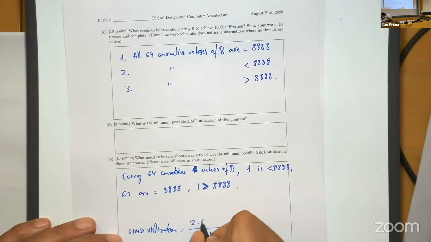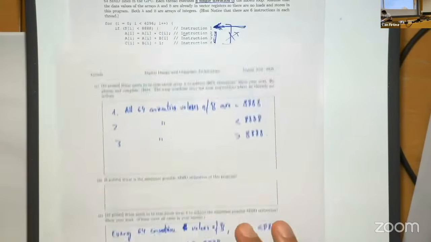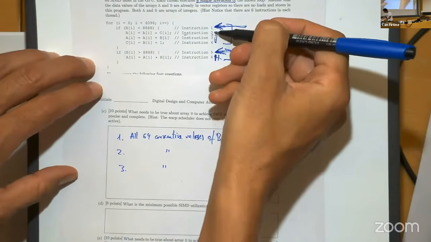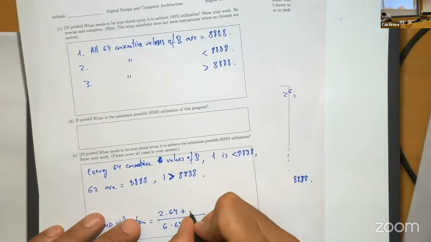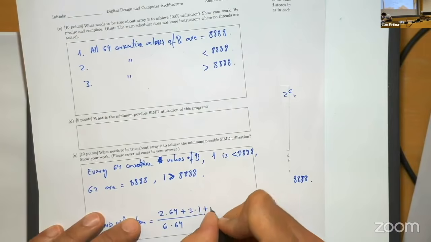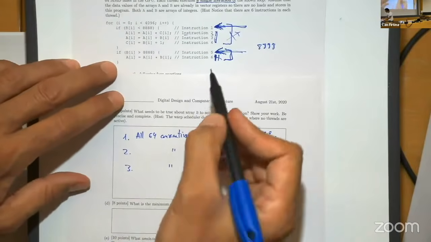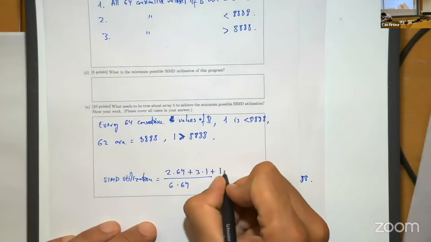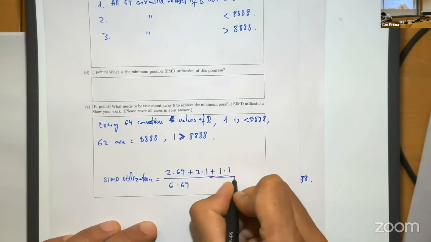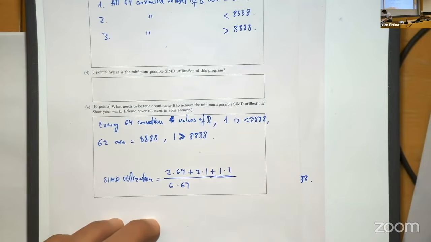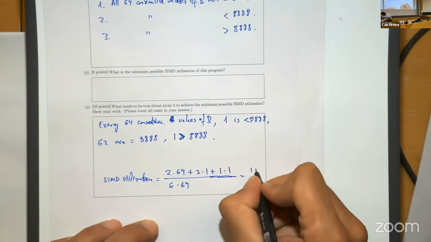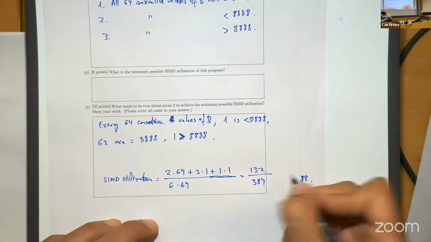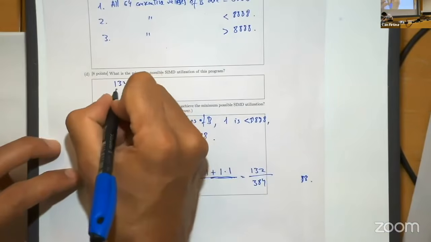So it's 2 times 64. And now there is only one thread that executes instructions 2 to 4. So this is 3 times 1. And then there is only one thread that executes instruction 6. So this is 1 times 1. So if you calculate this, you will obtain 132 over 384. So that's actually the solution to this part.